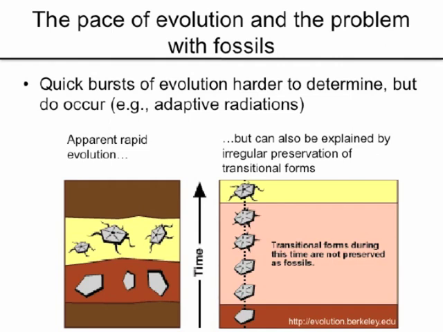So we may see the ancient form, we may see the red form, we may see the yellow form, but we may be missing these peach transitional stages, which makes it look more like punctuated equilibrium and less like a gradual change. So it can be very difficult to conclude that evolution has happened rapidly because it's very hard to prove that we are not missing something.